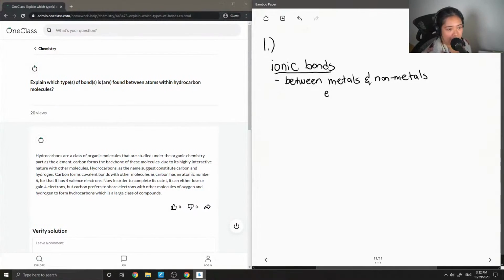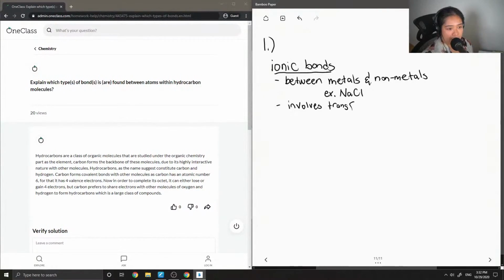An example of this would be sodium chloride, which is just like table salt. And ionic bonds is also when electrons are transferred.